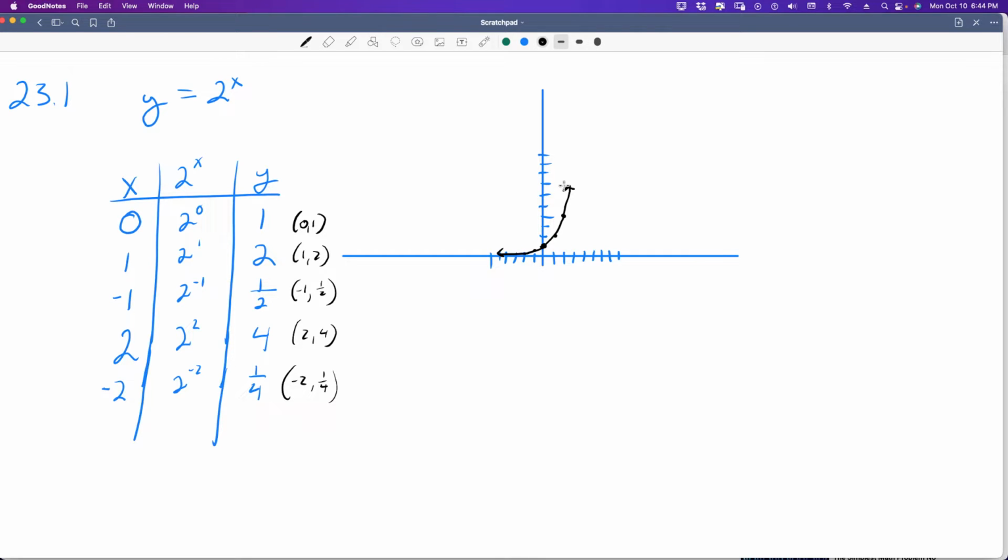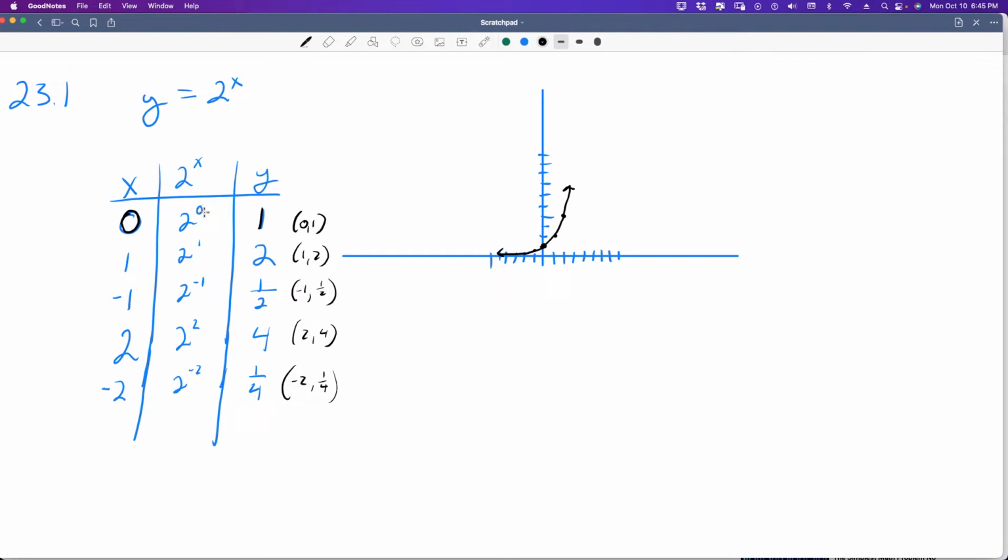So here's something else that is important to remember, and that is that it does not matter what this base might be. I mentioned it just a minute ago. You're always going to have this point 0, 1, because it doesn't matter what the base is.